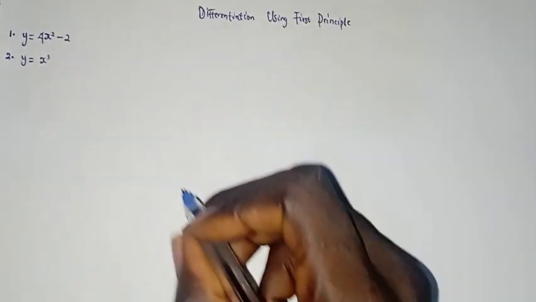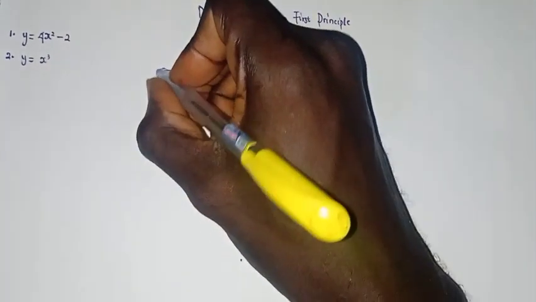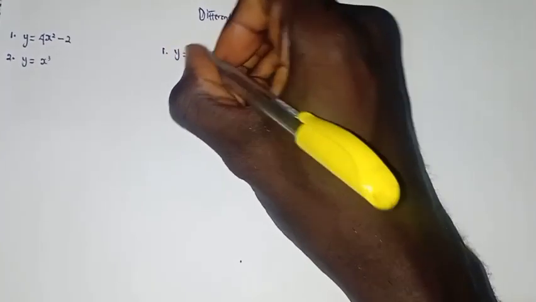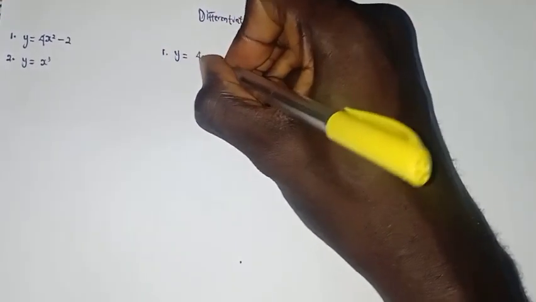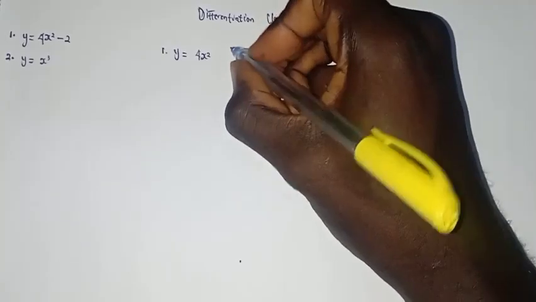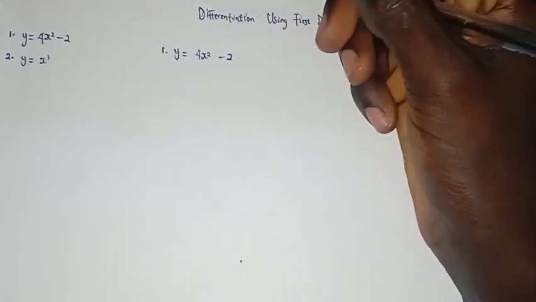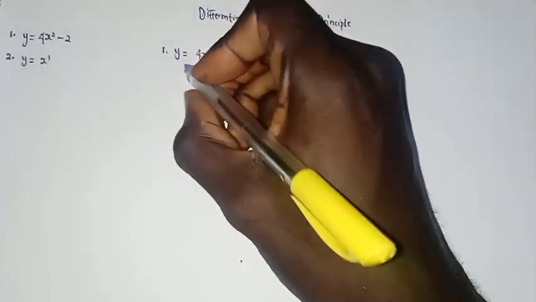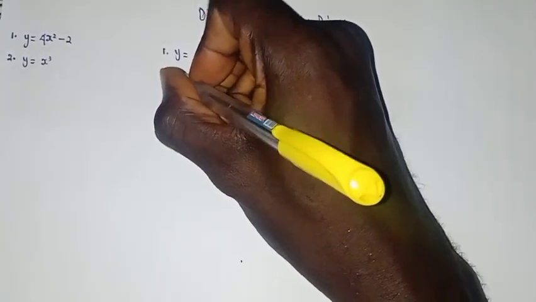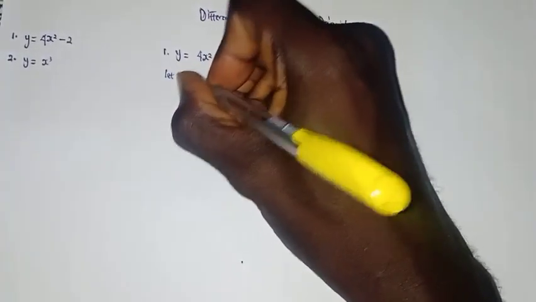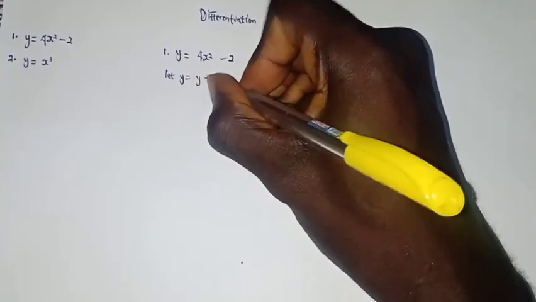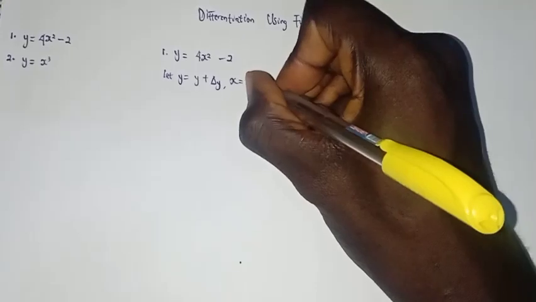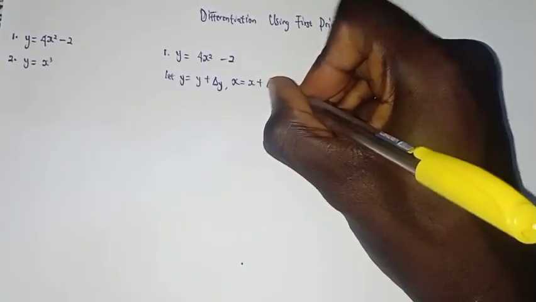Now the first equation there, it says y is equal to 4x squared minus 2, right? So now first thing is this: we'll substitute y. Let y be equal to y plus delta y, and then let x be equal to x plus delta x.